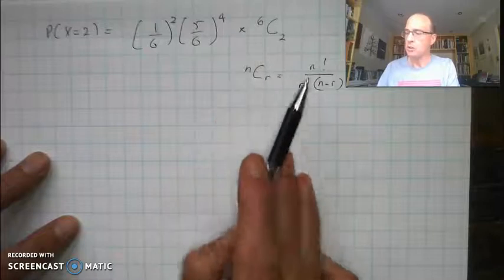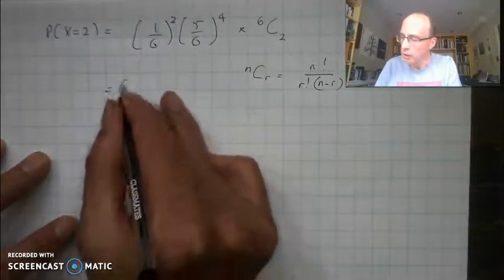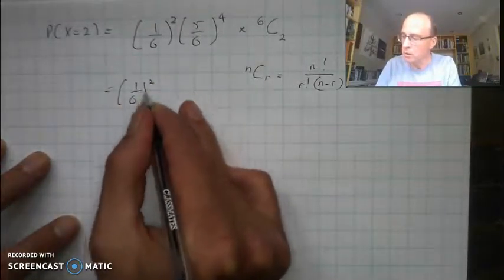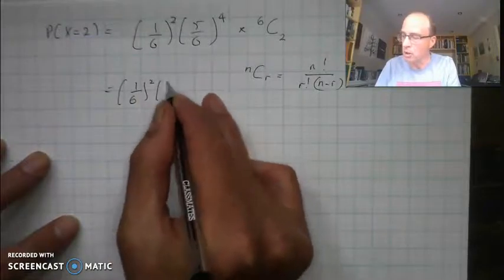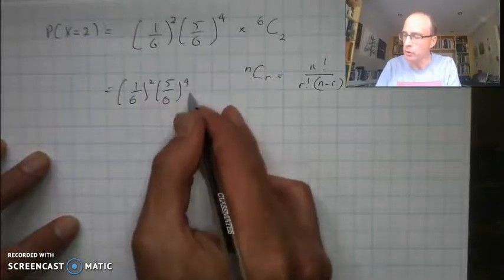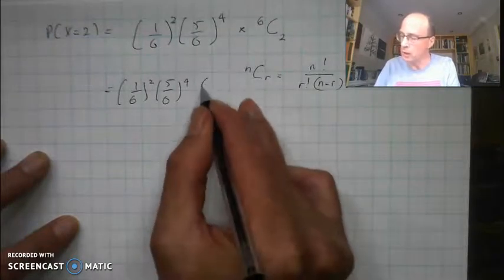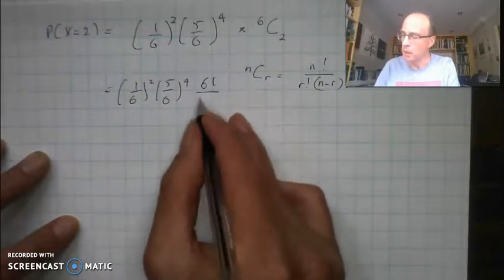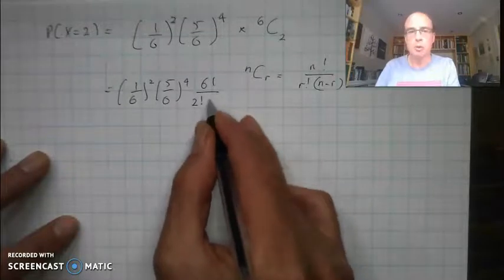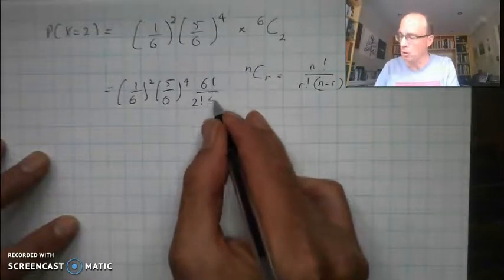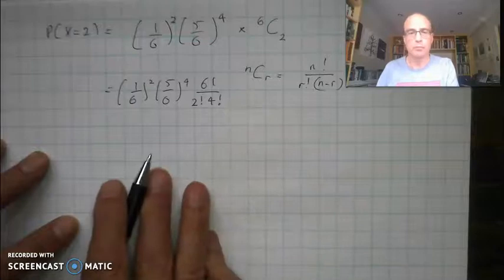So I've got 6 choose 2. Over here, I've got 1/6 to the power 2, 5/6 to the power 4, and my 6 choose 2, this is going to be 6 factorial divided by 2 factorial multiplied by 6 take away 2, 4 factorial.